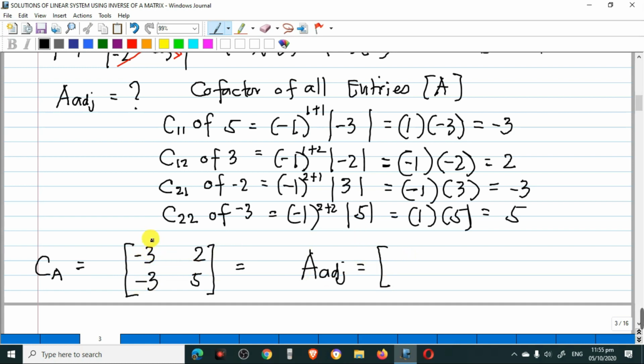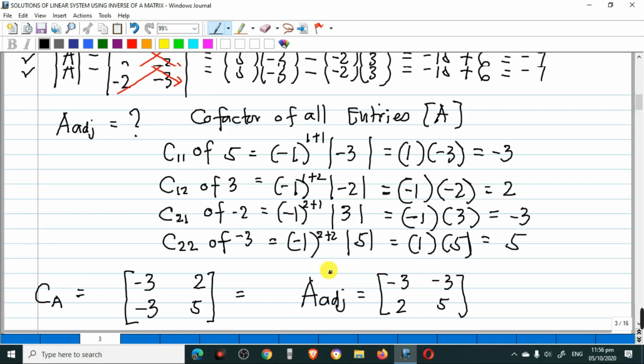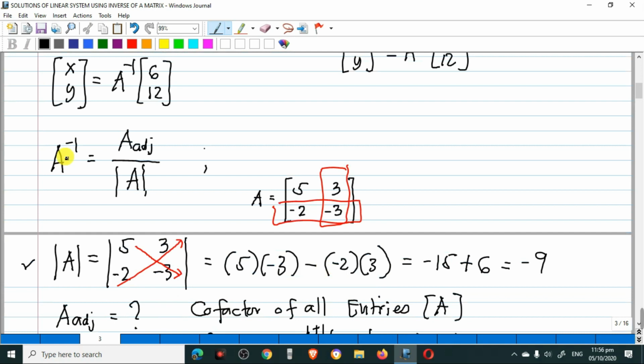Okay? Yung first column mo, yun ang magiging first row mo. Negative 3, negative 3. Yung second column mo, yun ang magiging second row mo. We have 2 and 5. And this is our classical adjoint.